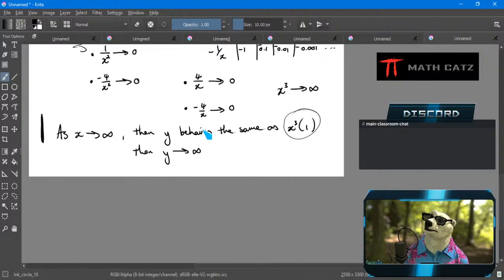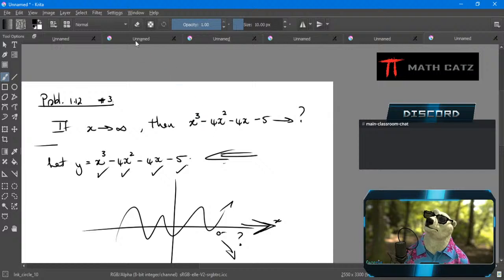All I know is eventually, the y values will blow up as well. If x is big enough, then, or bigger and bigger, then these function values, these y values, will get bigger and bigger. Now, this was a whole thing because it's our first example.